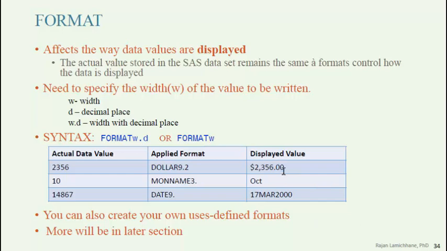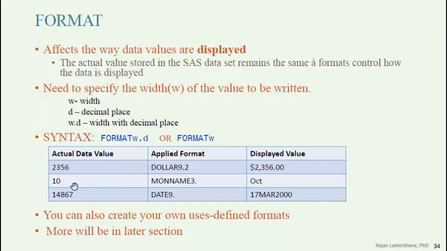If you see here, how many characters are there? 1, 2, then the period makes 3, then 4, 5, 6, this is 7, 8, and 9. So we have a total width of 9, and that includes 2 decimal places. That's how we define the format.